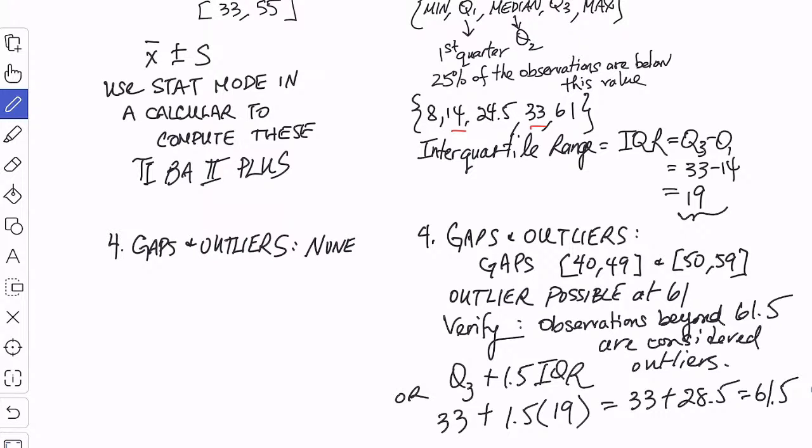So observations beyond 61.5 would be considered outliers. In our case, there are no outliers, no statistical outliers. So we checked, and there are in fact no statistical outliers.